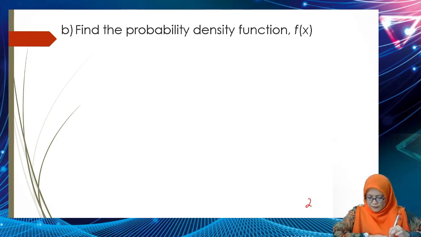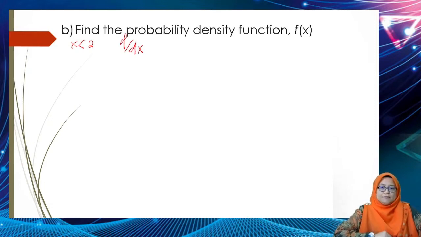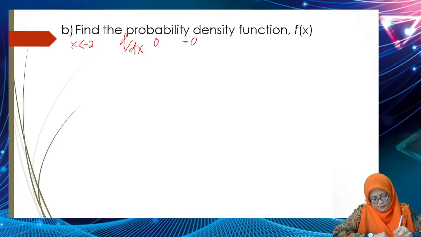Okay, so for the first interval x less than negative 2. So kita akan differentiate. So refer balik awak punya function kumulatif tadi tu. So kita akan differentiate function 0. So kita akan dapat 0.